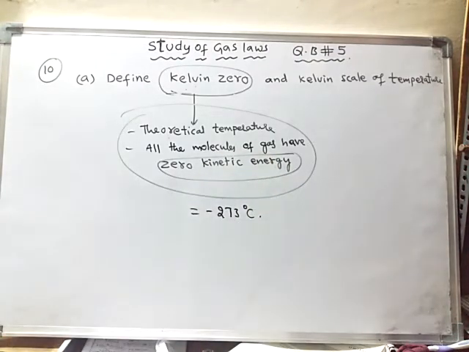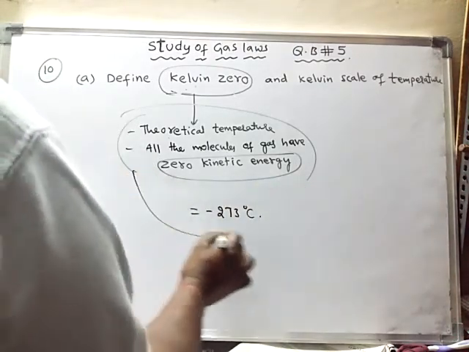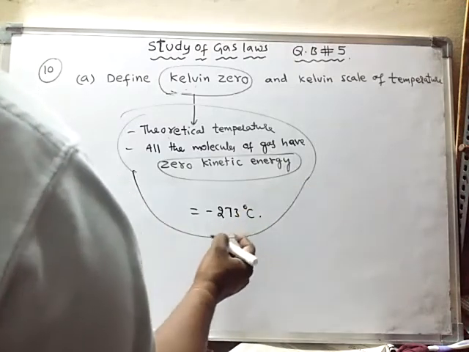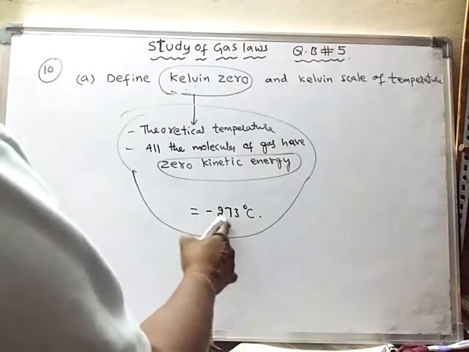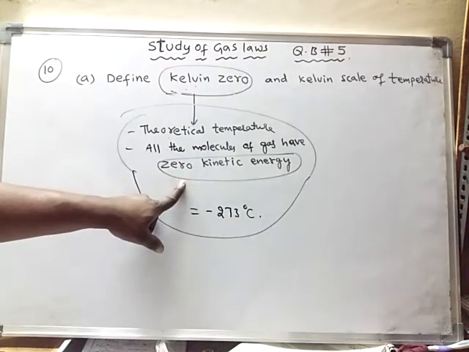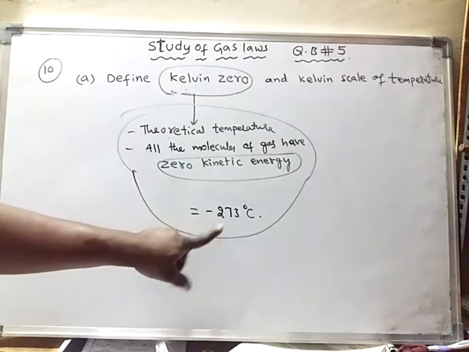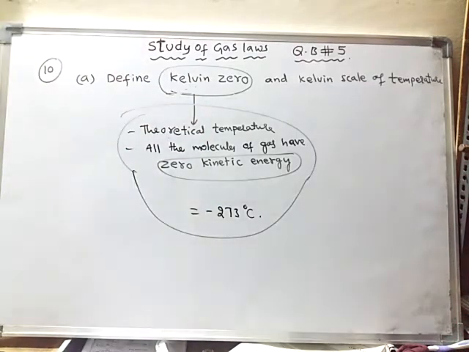So at minus 273 degrees centigrade, the molecules have zero kinetic energy, that means they stop moving or vibrating, and this temperature is said to be 0 Kelvin.